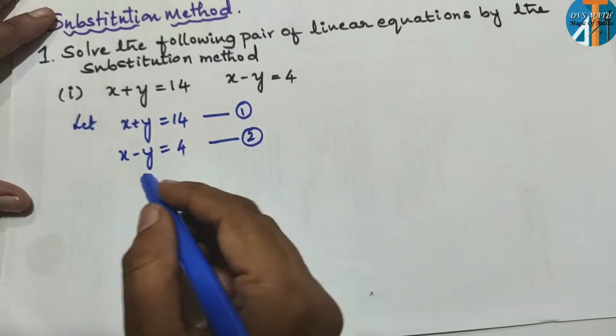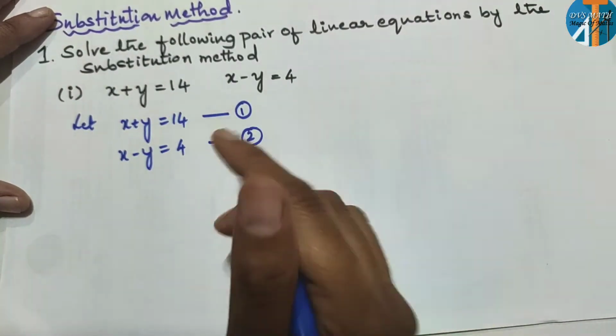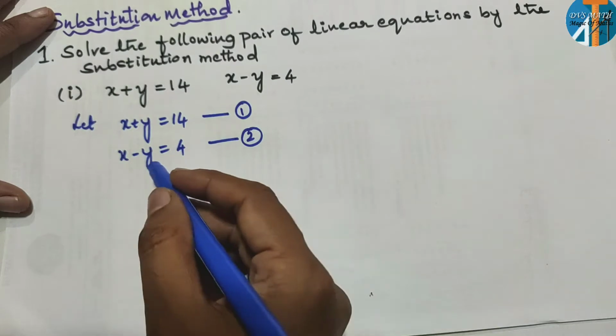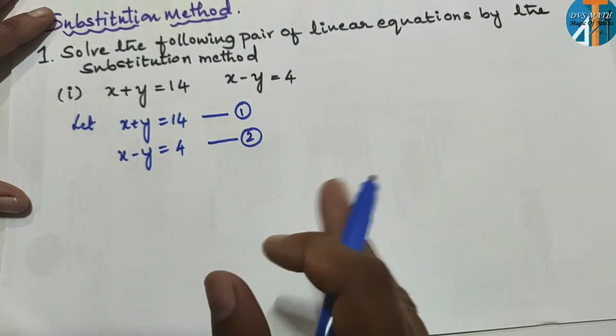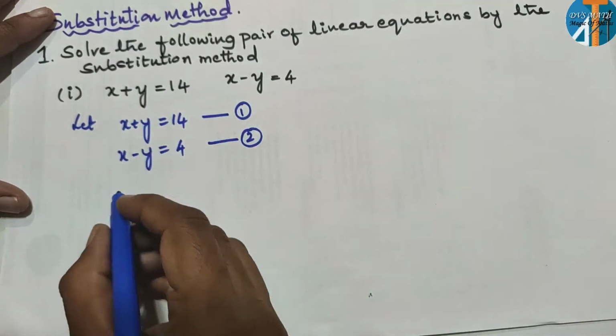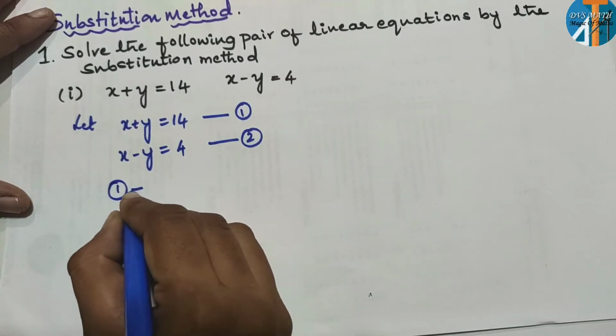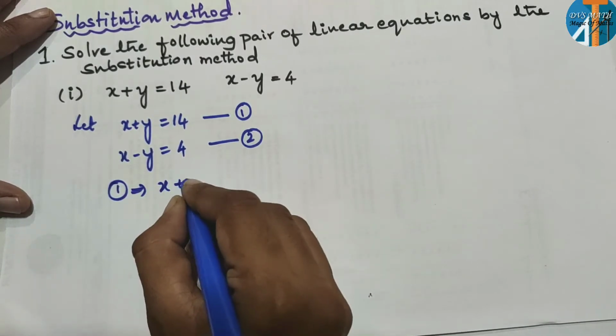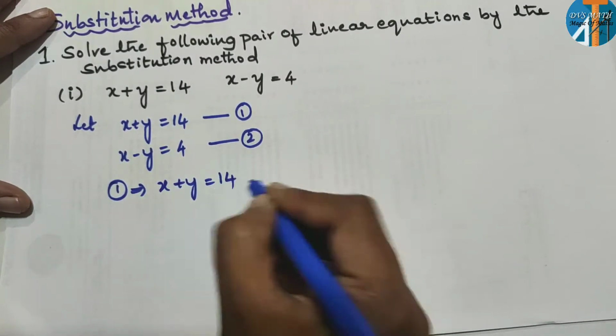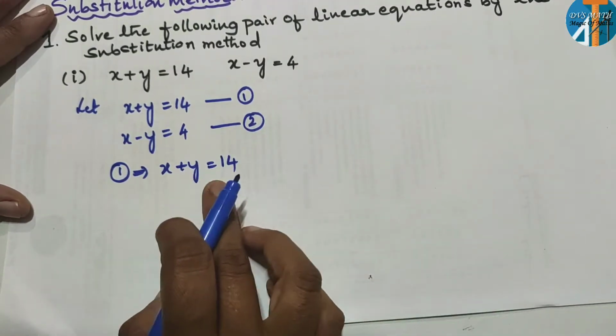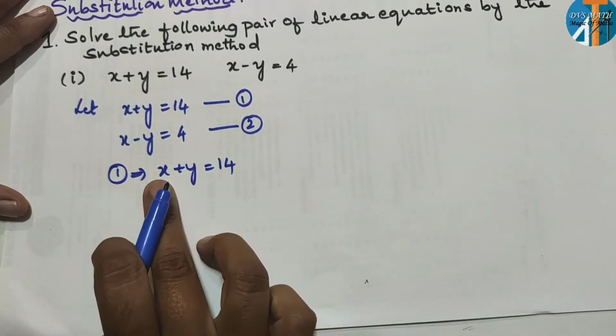Now you can take any equation, no issues here. You can take x or y, no issues. I'll take the first equation, x plus y is equal to 14. Now convert this equation in terms of y or in terms of x.